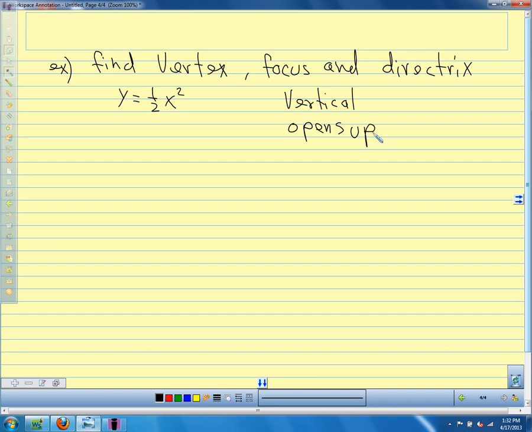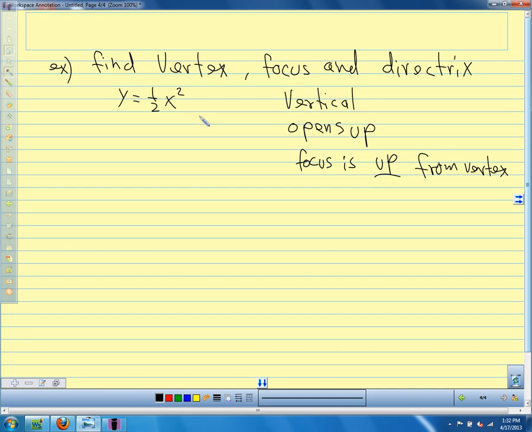And because we're vertical, it opens up, and we know that the focus is up from the vertex. So we know all of these things right away. The parabola is vertical, it opens up, and the focus is going to be up from the vertex. The focus is inside the parabola.